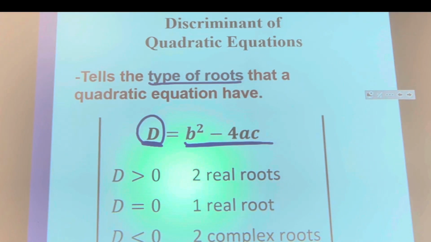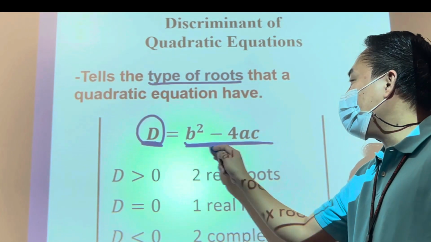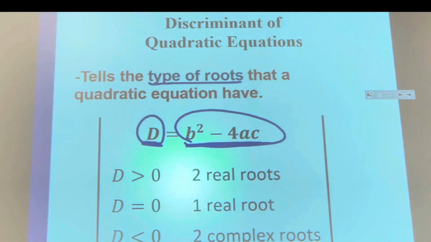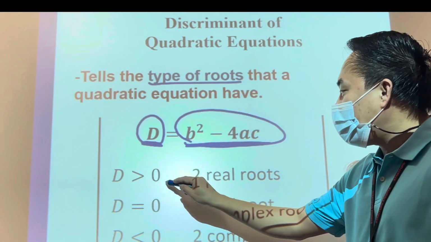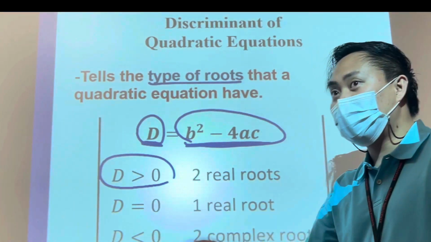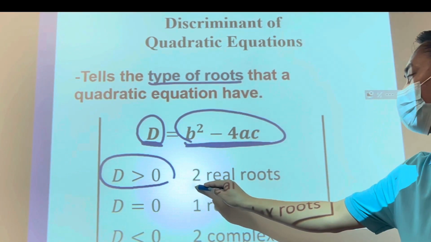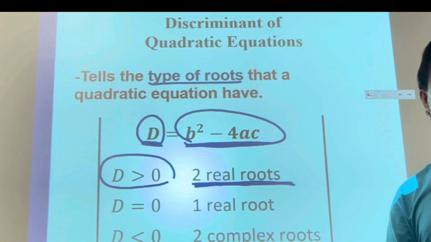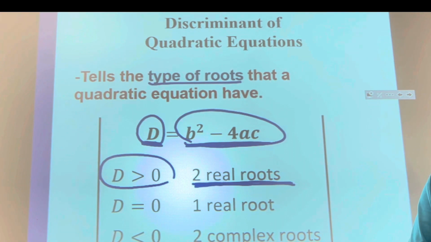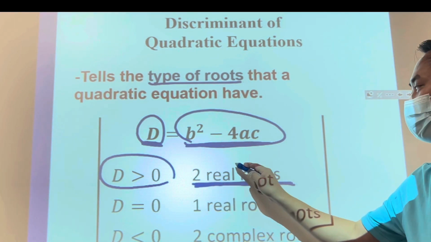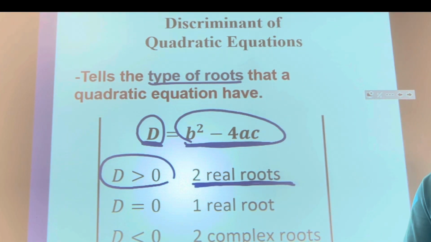All you have to do is compute for D following this formula and then describe the roots depending on the answer. If you get a number greater than 0, meaning positive, you will have 2 answers and they are real roots.